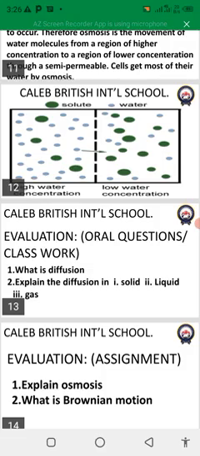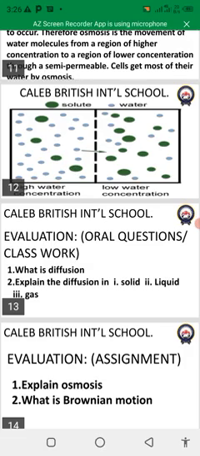Now, our oral questions are for us to know what we have learned. What is diffusion? Then explain diffusion in solid, in liquid, and in gas. So you have seen the different types of diffusion.